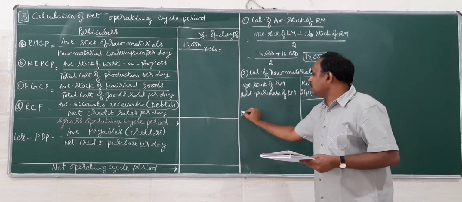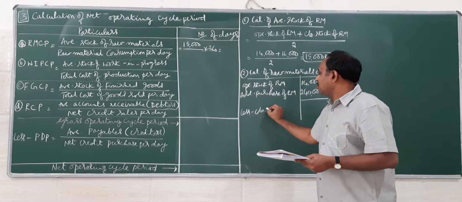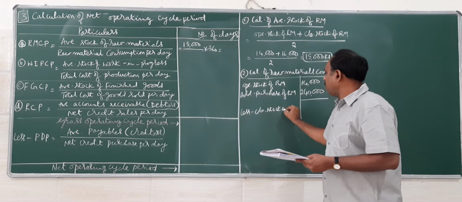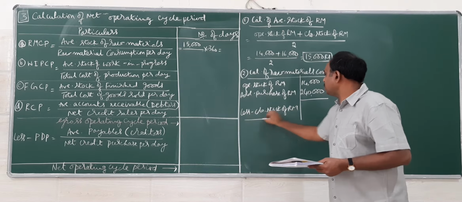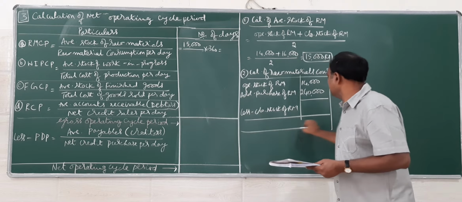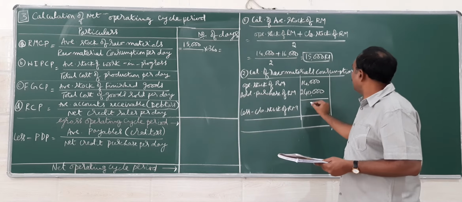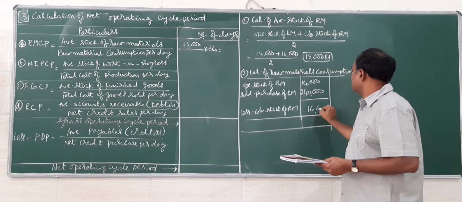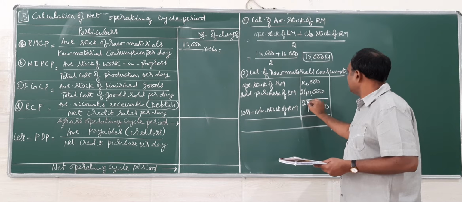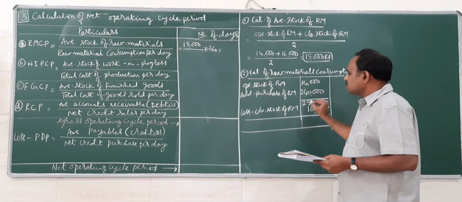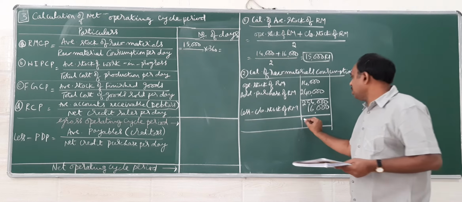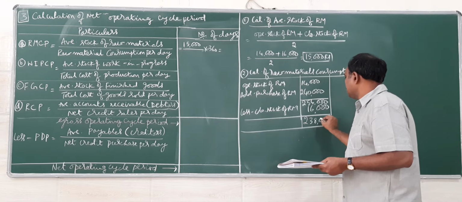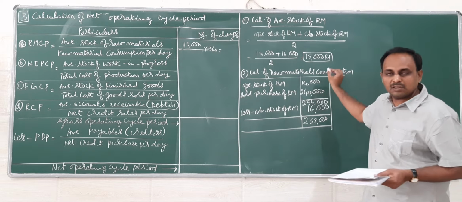Then we have to deduct closing stock of raw material, which is also given on the credit side of the problem. So closing stock of raw material is 16,000. When we do this, we are going to get 2,38,000 as the value of raw materials consumed or raw material used.